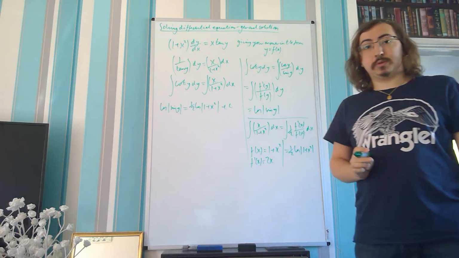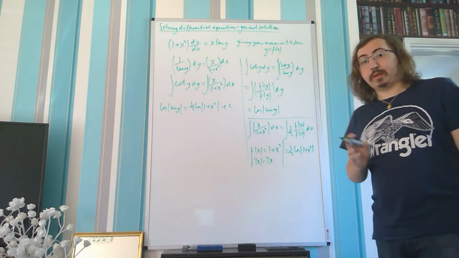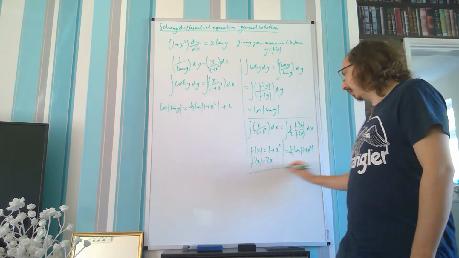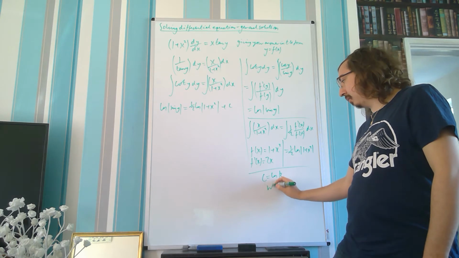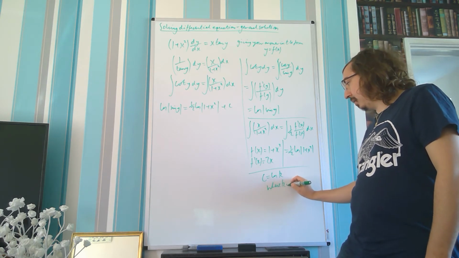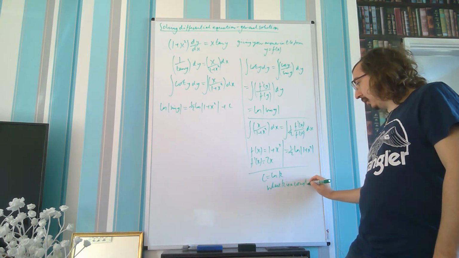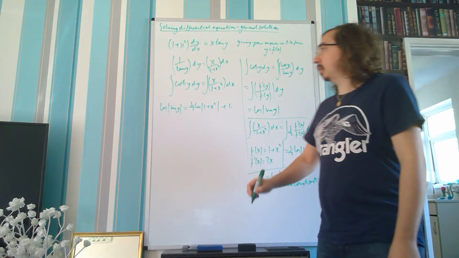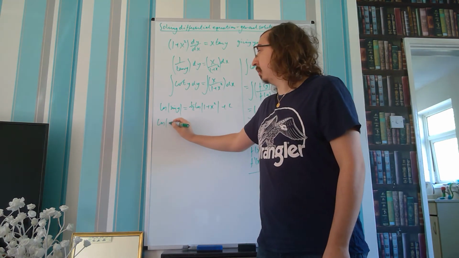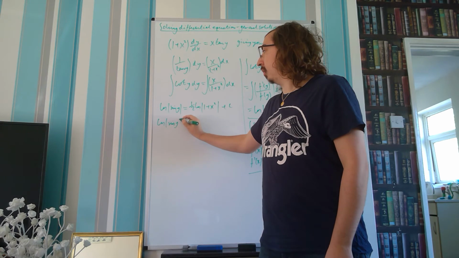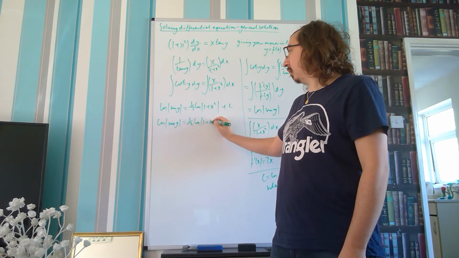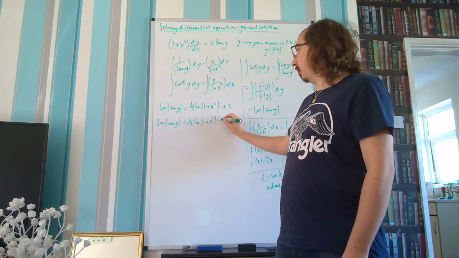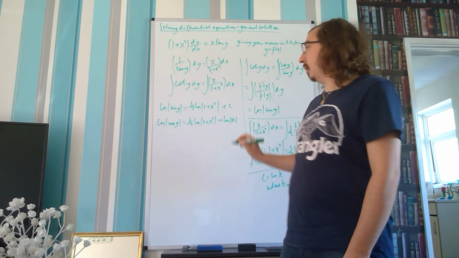So we can put a plus c there. We don't really like the c, so we can also say that c is equal to ln k, where k is a constant. So in our next line, we just replace the c with an ln k.